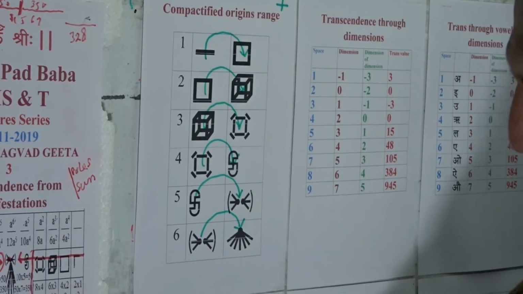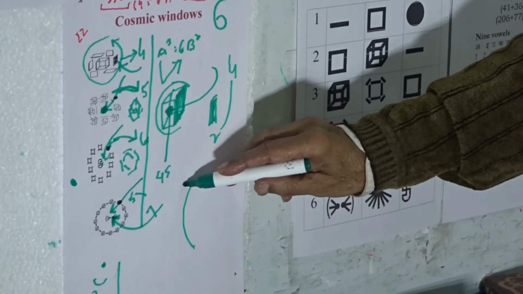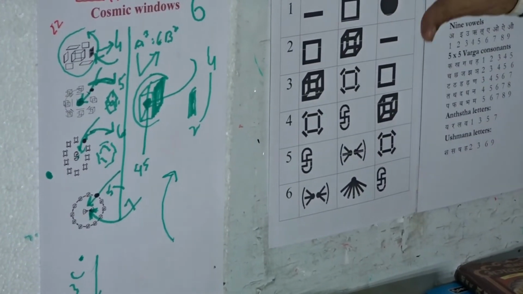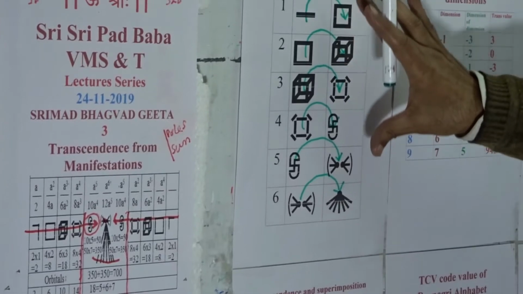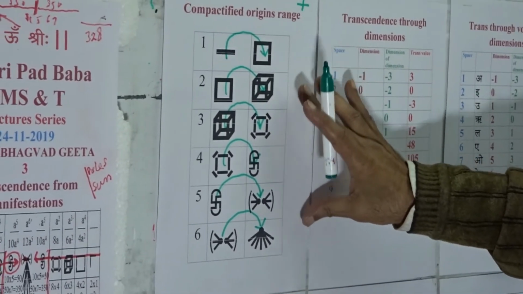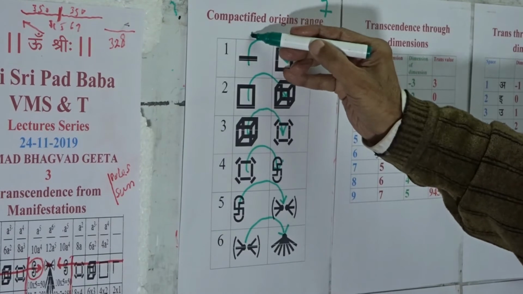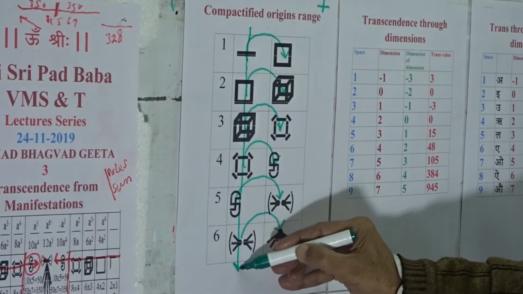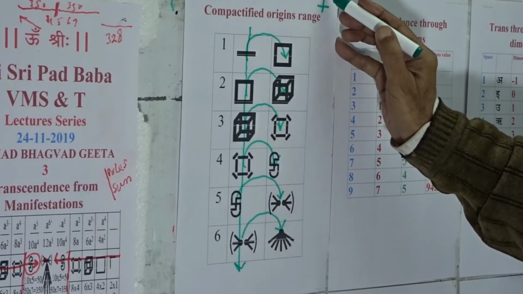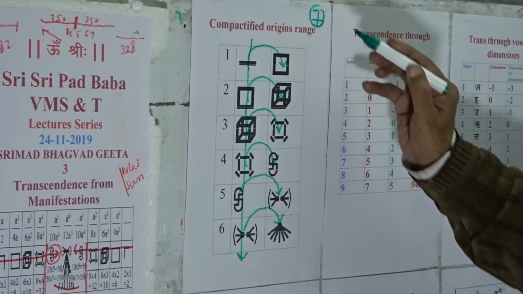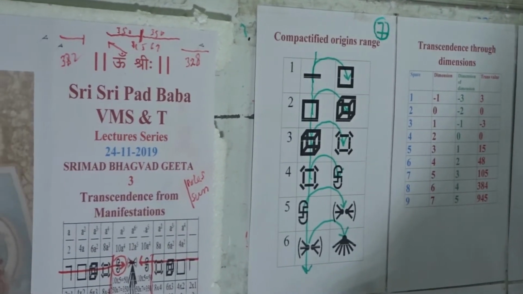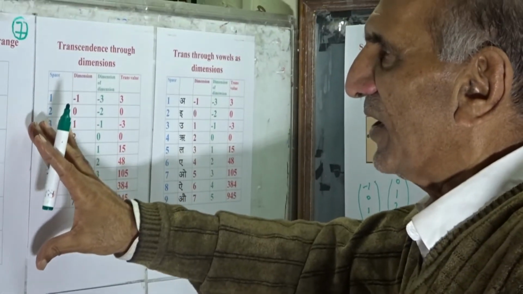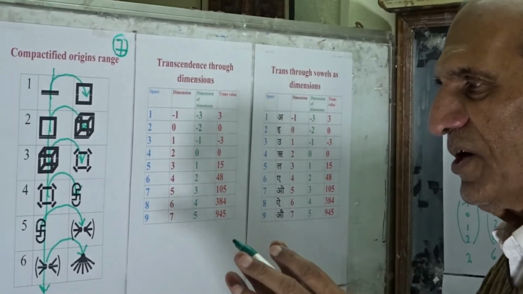The cosmic windows are leading us to an outward expansion with the strip off of the boundary components. However, then there is happening an inward expansion, and this inward expansion is along the format of the line of compactification of the origins. Now, this concept is a complementary and supplementary concept of the cosmic windows. So the phenomenon of cosmic windows and phenomenon of the compactified origins are complementary and supplementary to each other.